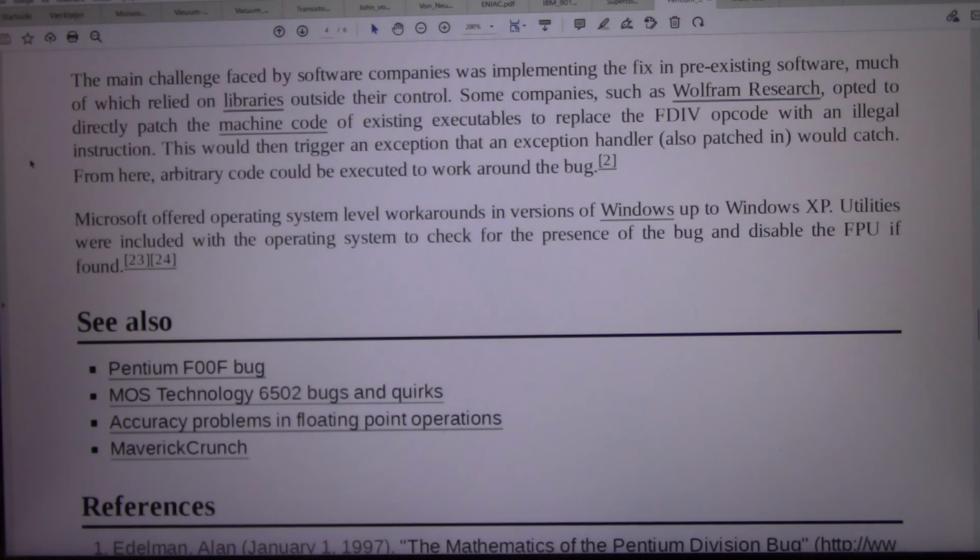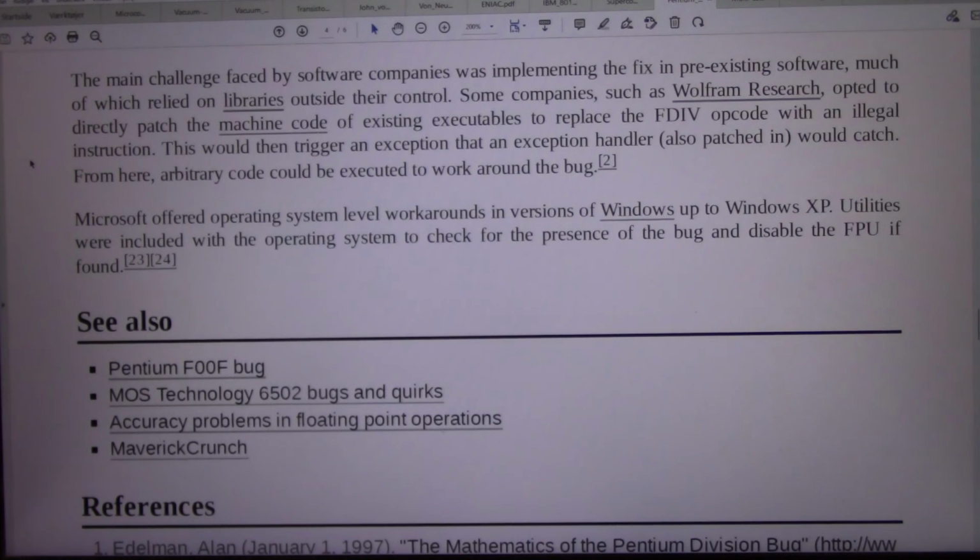on libraries outside their control. Some companies, such as Wolfram Research, opted to directly patch the machine code of existing executables to replace the FDIV code with an illegal instruction. This would then trigger an exception that an exception handler, also patched in, would catch.